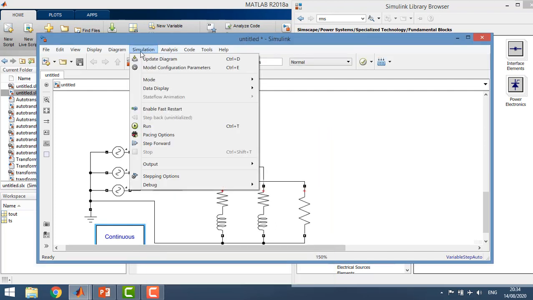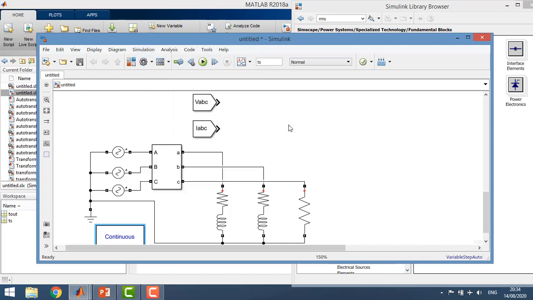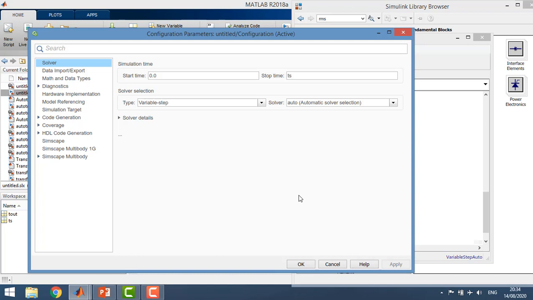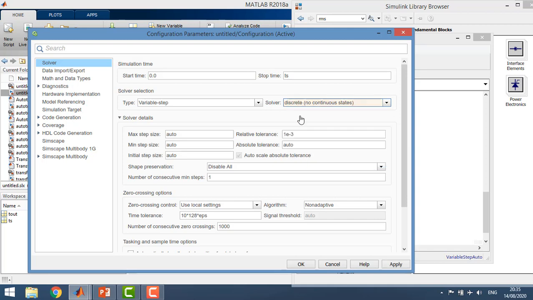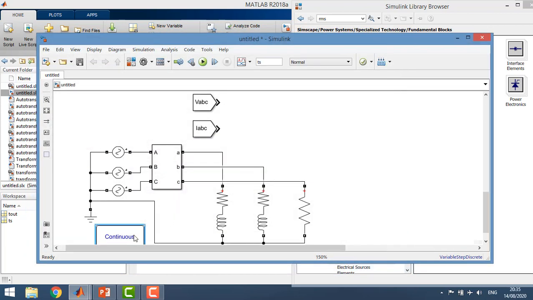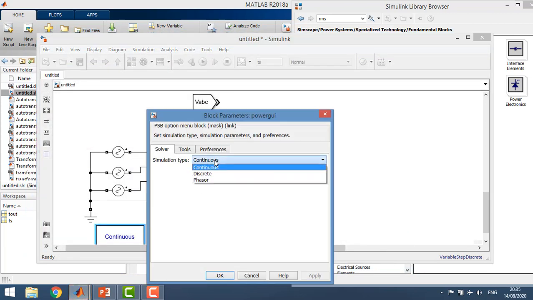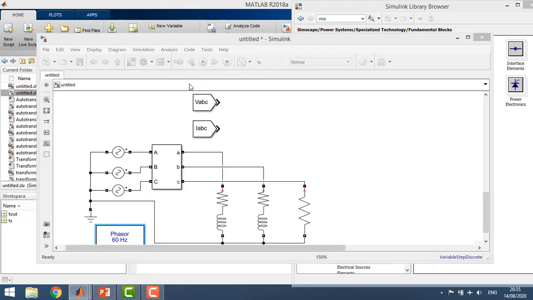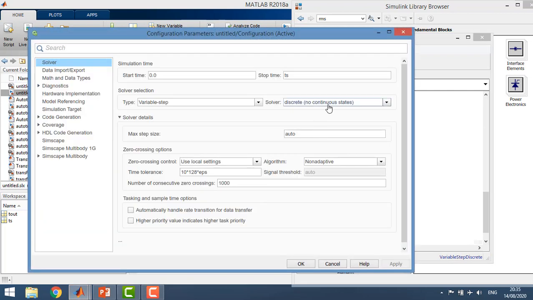Should be just like that. Yeah, so we change it to phasor, and then we go back and change this one to auto again.